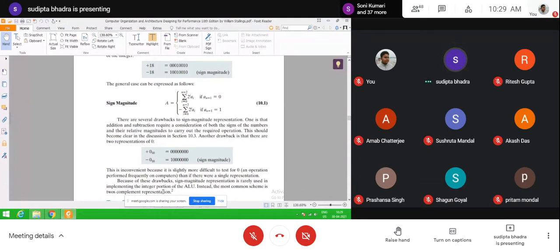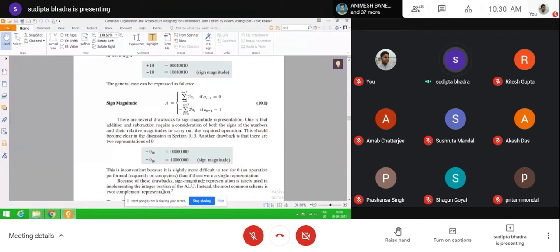And two's complement representation is used by the ALU. Every number, before the operation is performed, will be converted to two's complement, then the integer operation will be performed. Means that you have to perform addition, subtraction, multiplication, division on integers.